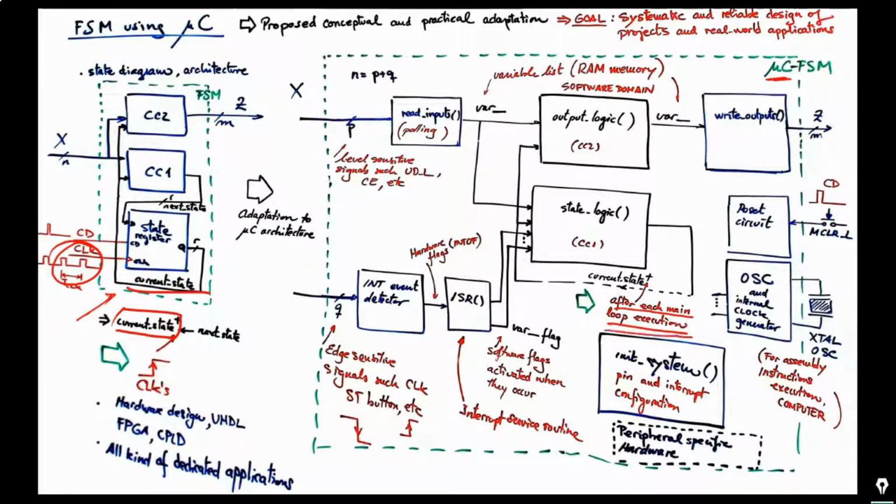That is the great difference. You see, that is the great difference. So you will in some way update the internal state of the machine every time that you are executing the loop.